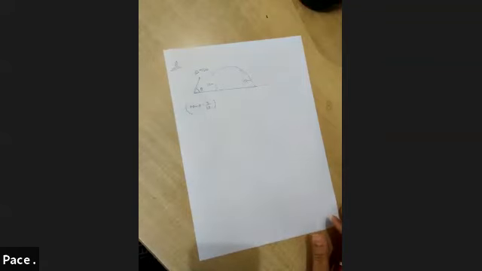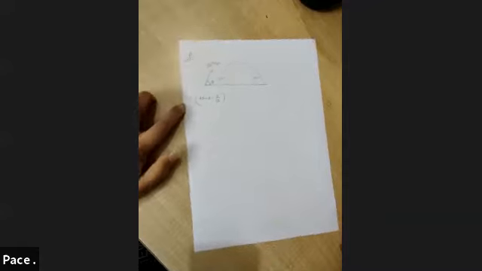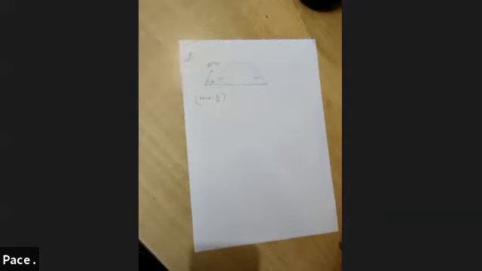So the question is, a golfer standing on level ground hits a ball with a velocity of 52 meter per second, making an angle theta with the horizontal, and the value of tan theta is 5 by 12. What we have to find out? Find out the time for which the ball is at least 15 meter above the ground level.